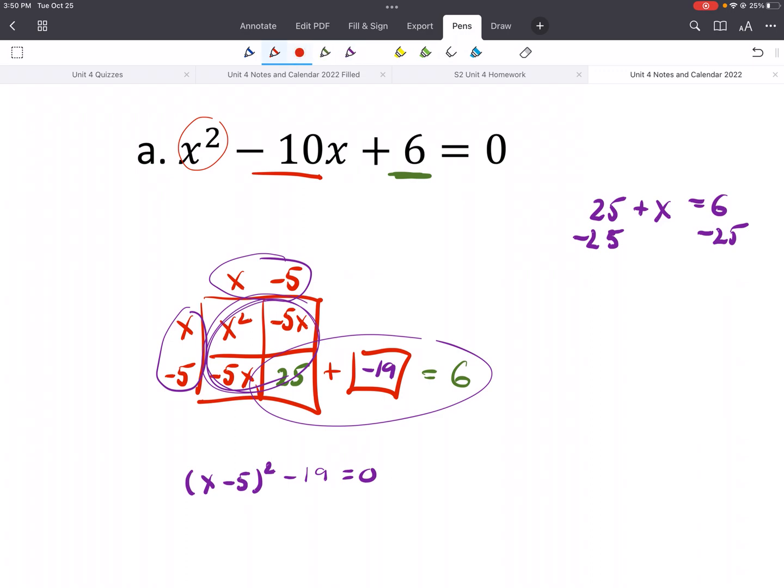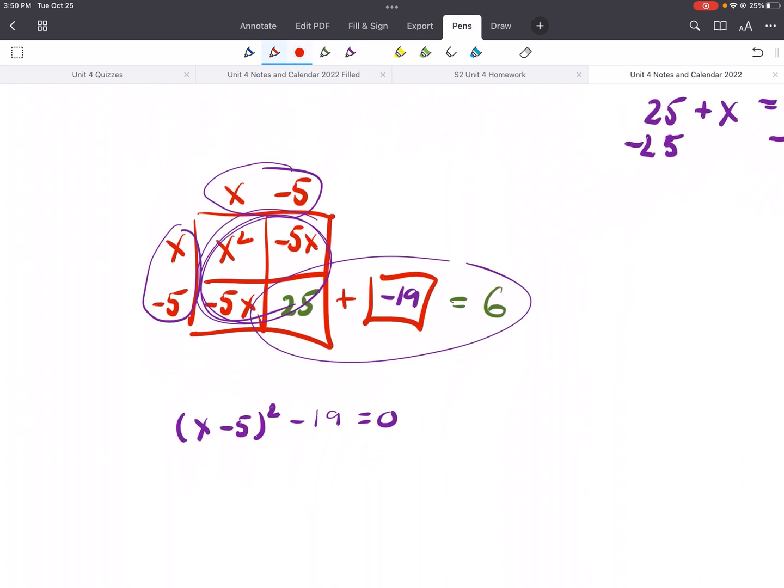Okay, and then we would, again, do the same thing as when we use square roots to solve. We would first add or subtract. And then we would square root. Don't forget the plus and minus.